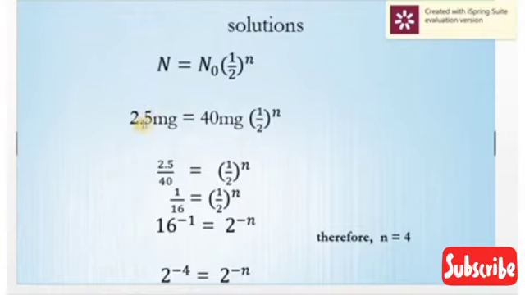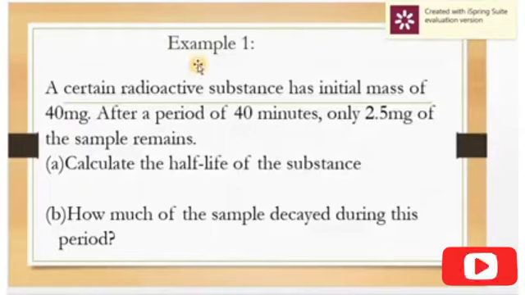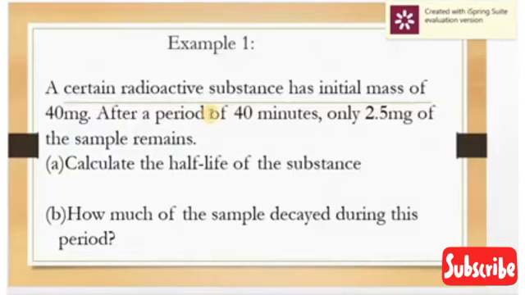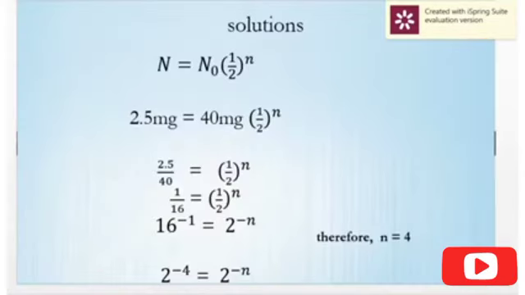So we can proceed as follows. The amount remaining is 2.5, because we are told only 2.5 milligrams of the sample remains. So 2.5 milligrams is equal to the initial amount, which is 40 milligrams, times a half to the power n, and that's the n we are looking for, the number of half-lives.